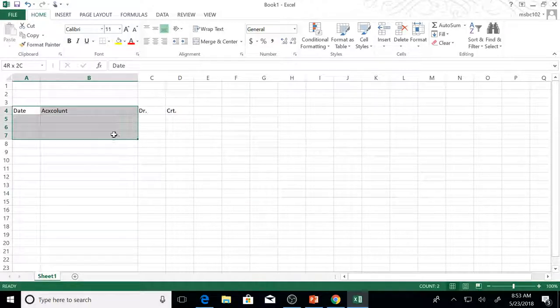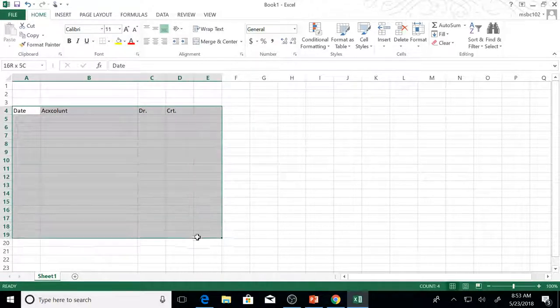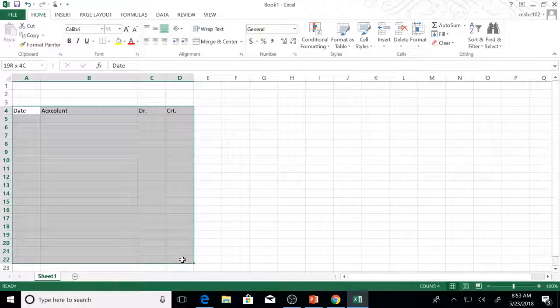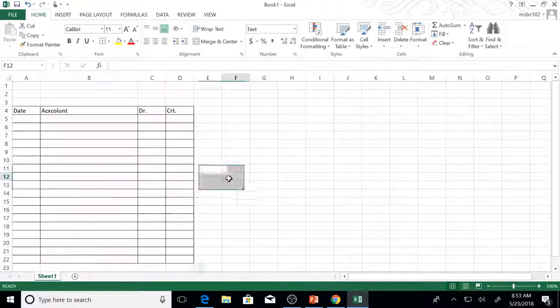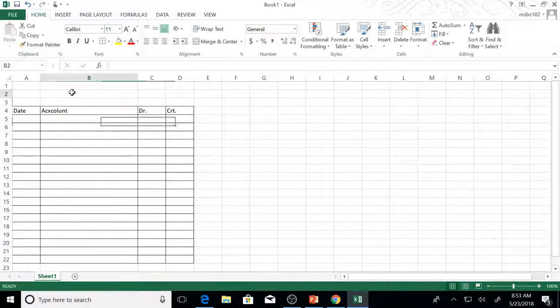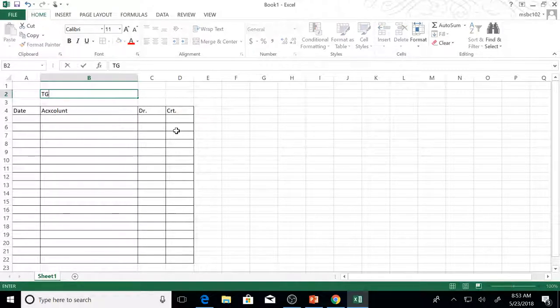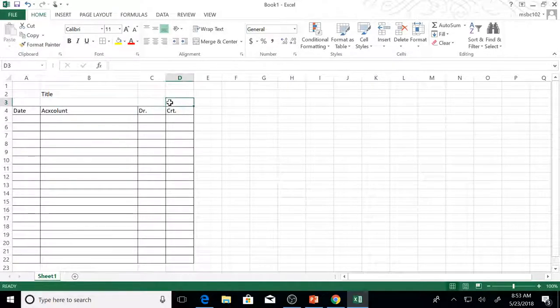So if I highlight this, borders, right? And then here you're going to put the title. Title, and this is going to be J1, that means journal page 1.